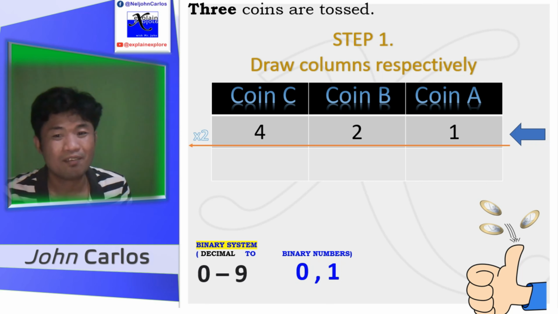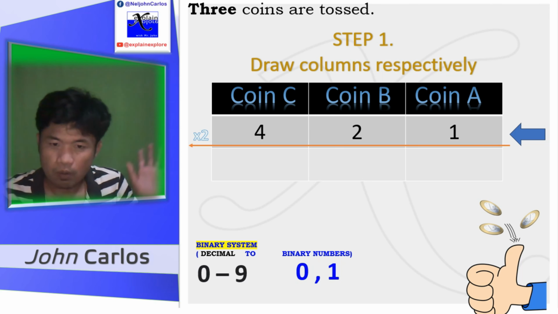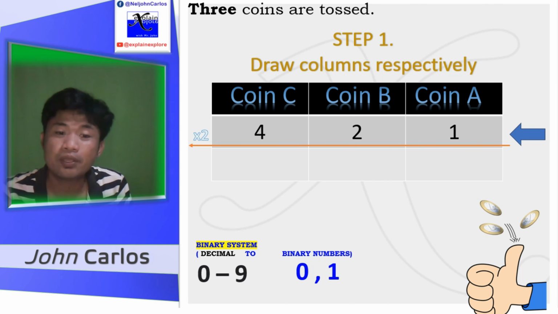So 1 from right to left, then 2, you just multiply that 1 by 2, then 4, and so on. We will disregard the remaining 8 and up because we will only use the three columns. So 1, 2, and 4.